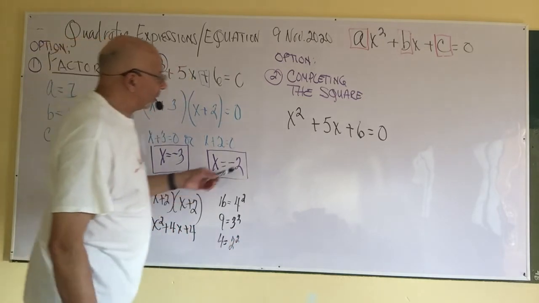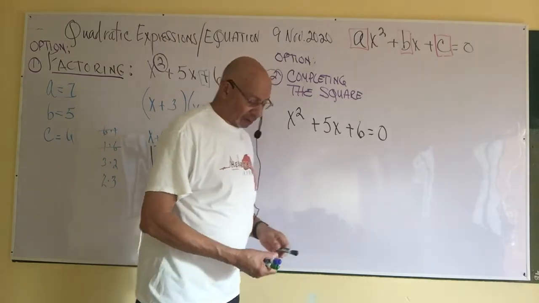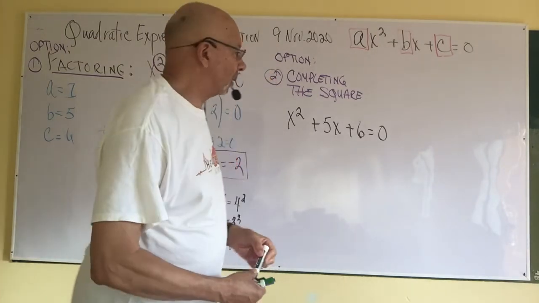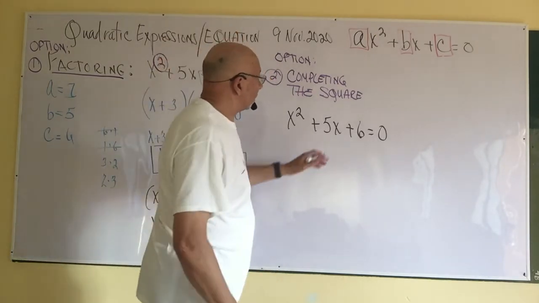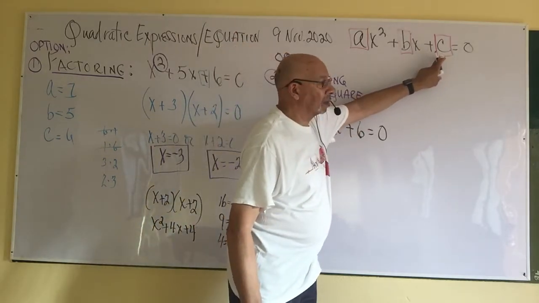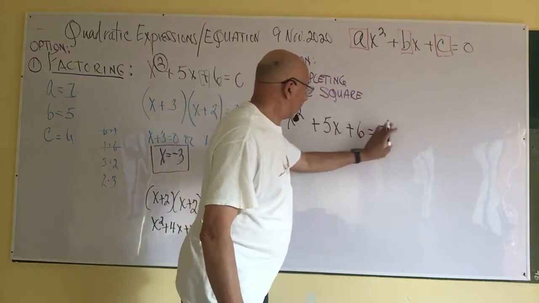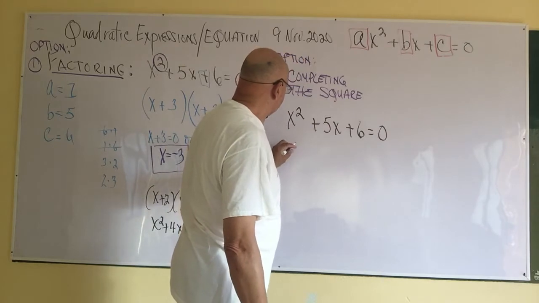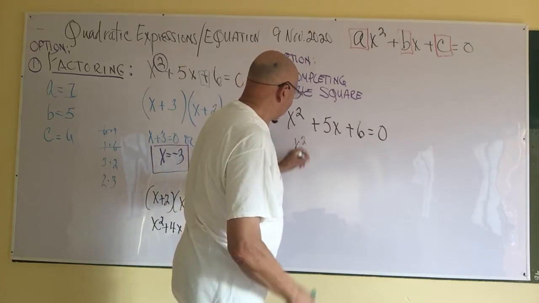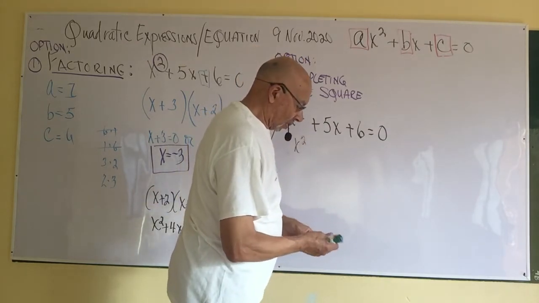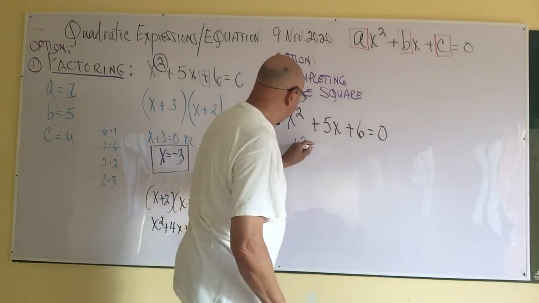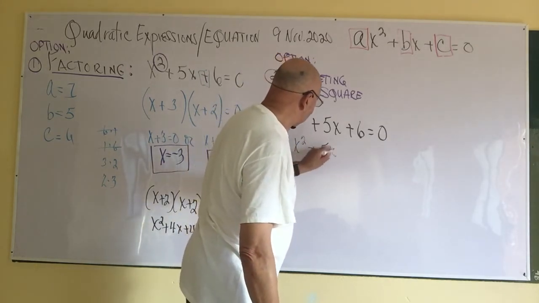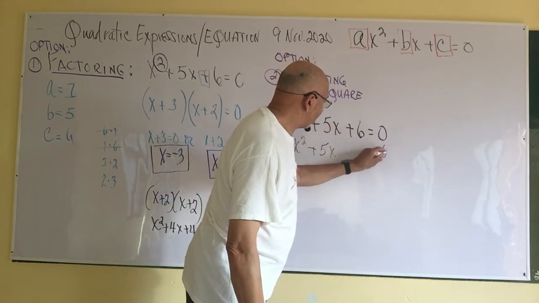So we can figure out what would be the perfect square here. Our first step is we move our constant term, so we'll take that to the other side. That leaves us with x squared plus 5x, and once I move the 6, I have a negative 6 on the other side. Now, talking about patience, I have to really be patient because I don't like the markers that don't make this clear for you.